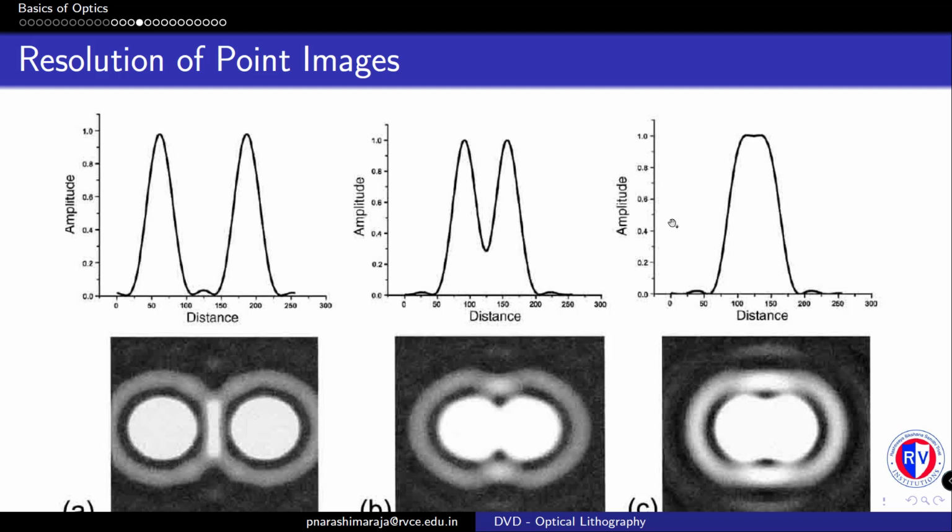And the figure on the right is the image created when the angle theta becomes smaller than theta minimum, and the two point sources overlap and become indistinguishable from each other. That is, it doesn't seem that the image formed here is from two sources.